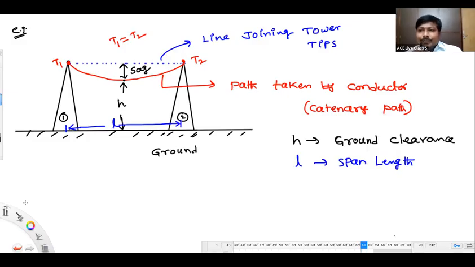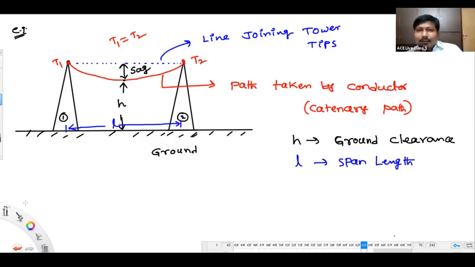Let me tell you this. For example, if the tensile strength of the conductor is very low, we can't stretch that conductor as much as possible. Definitely the gap we have, the so-called sag, the sag value becomes high.